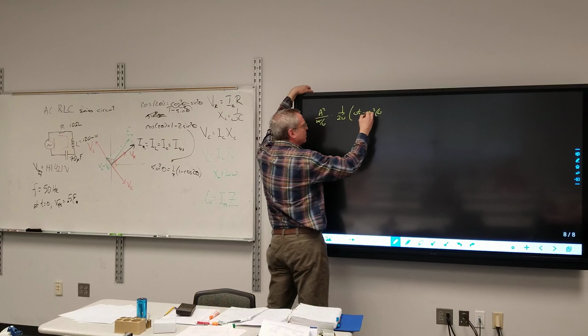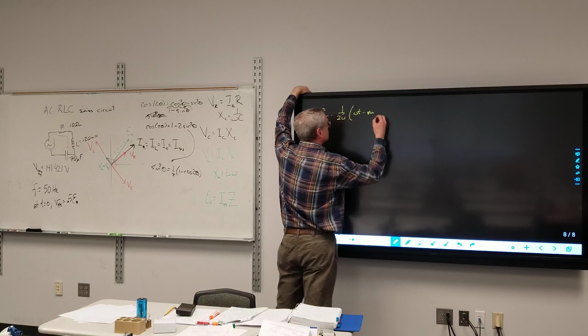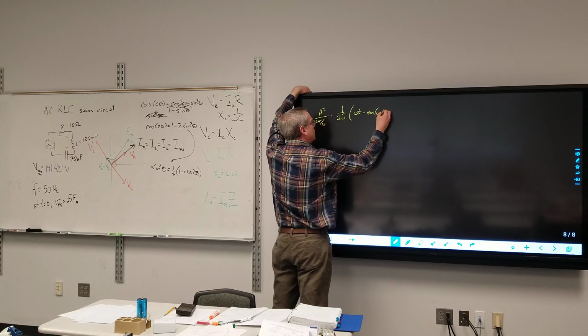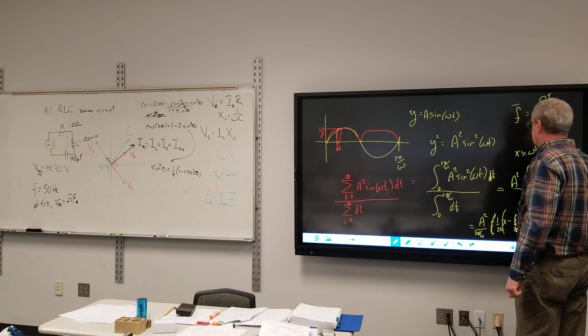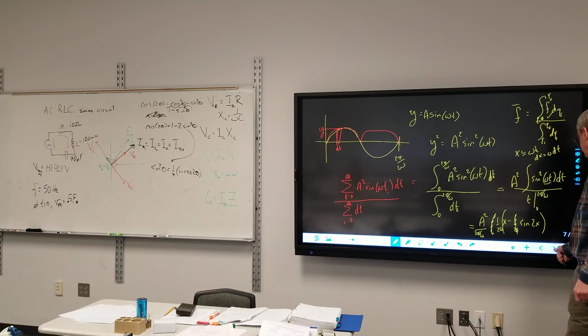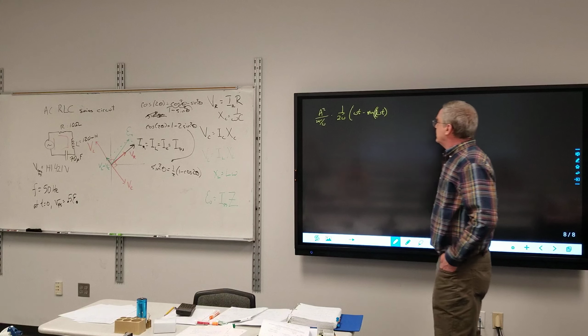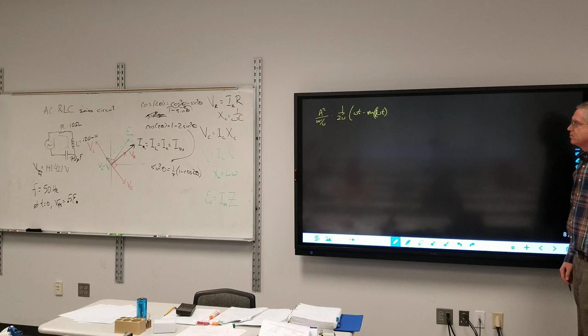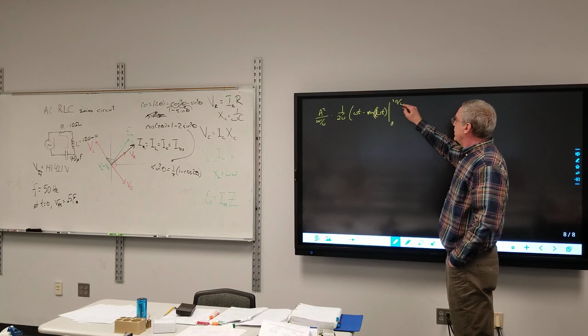Sine. Omega t. I feel like I've lost something in that. Oh, sine 2 times that. Okay. Sine of 2 omega t, from 0 to 2 pi over omega.